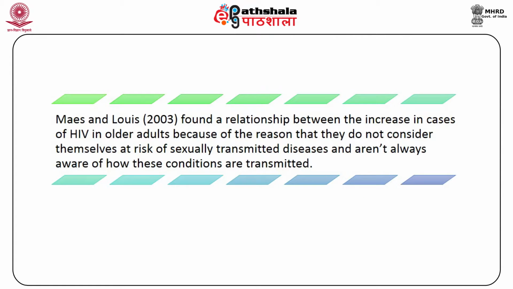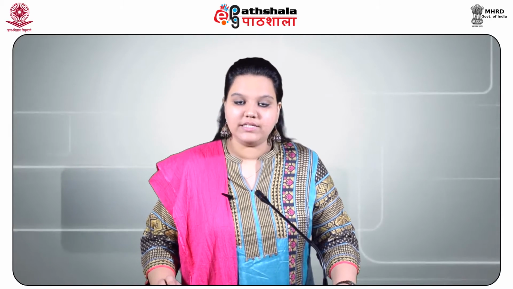Mace and Lewis in 2003 found a relationship between the increase in HIV cases in older adults and the fact that they do not consider themselves at risk of sexually transmitted diseases and aren't always aware of how these conditions are transmitted. With an increasingly aging population, it seems logical that the sexual health of older adults, if unaddressed, presents a huge personal and public health issue.